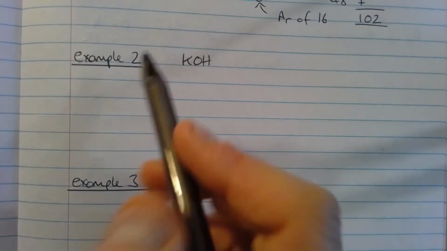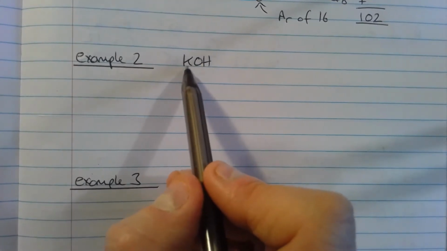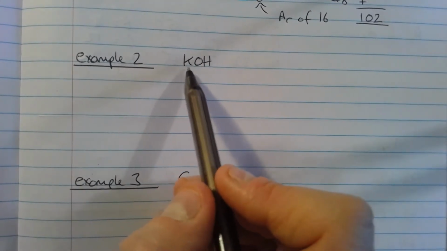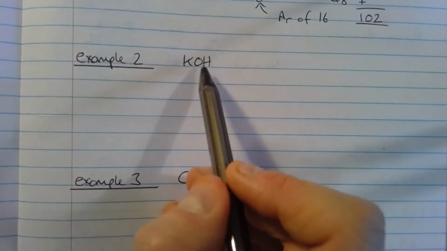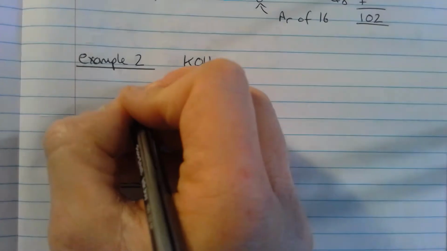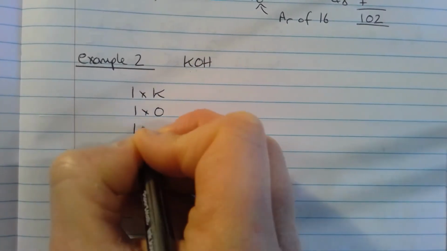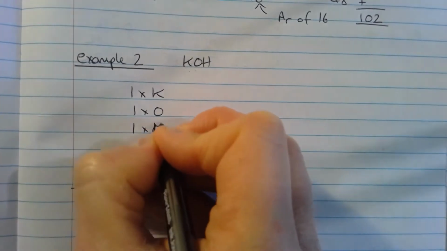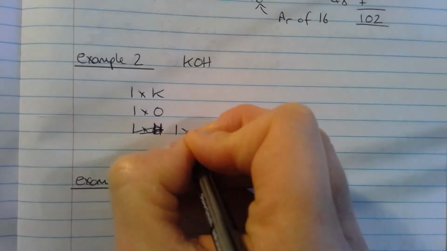I use this example just to emphasize that we do have compounds which are made up of elements with just one letter symbols. So KOH, that's potassium hydroxide. There's simply one of each, one potassium, one oxygen, and one hydrogen atom present in each of these. Apologies for that, I'll write that out again. 1 times hydrogen.